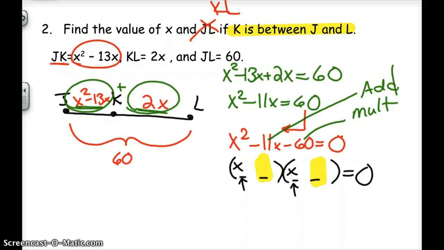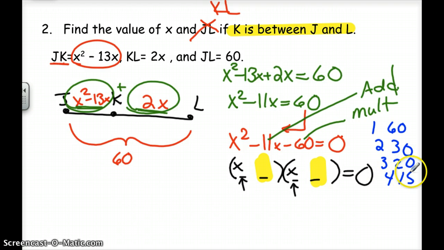So at this point, you're thinking of numbers that multiply to get 60 and add to get 11. So let's see, and maybe you need to write them down. 1 and 60, 2 and 30, 3 and 20, 4 and 15. And I have negative 60 here. So one of them is going to be negative and one of them is going to be positive.